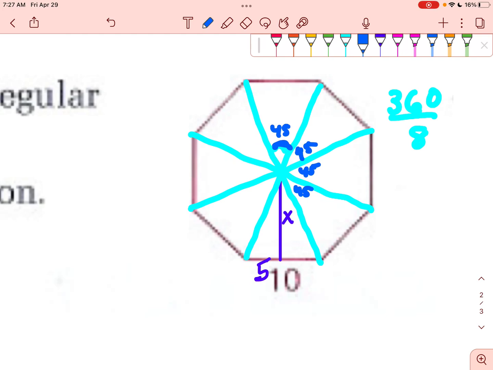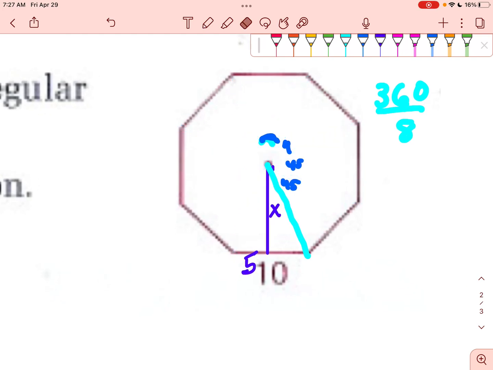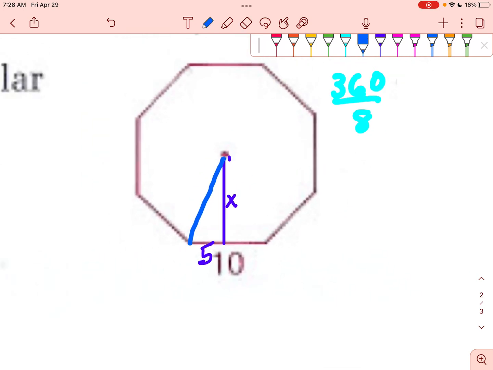So that's where I would start personally. So after I know that this entire angle is 45, I would cut it in half because I'm looking for the apothem. And I would say that 45 divided by 2, this angle right here is 22.5.